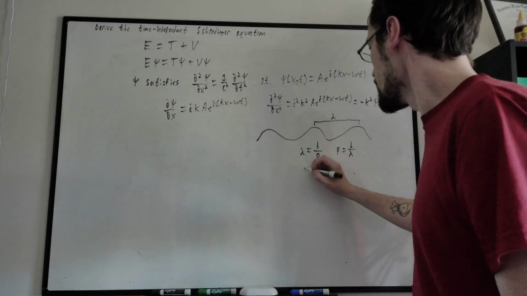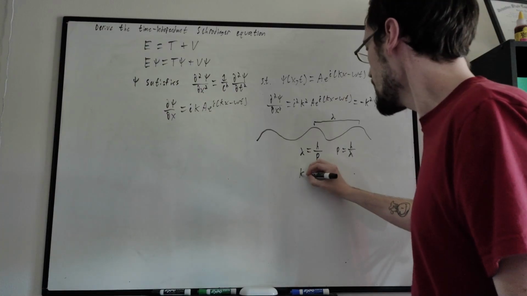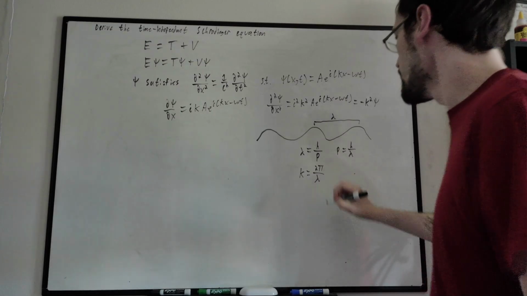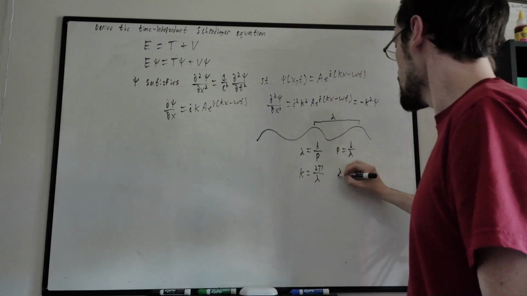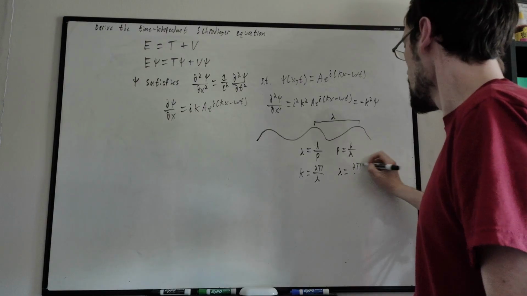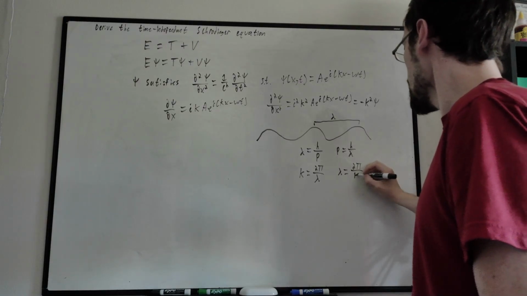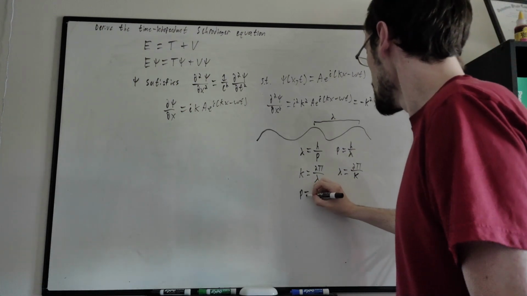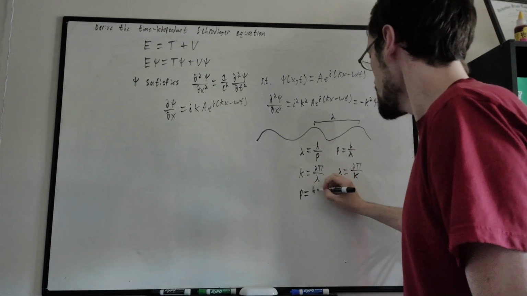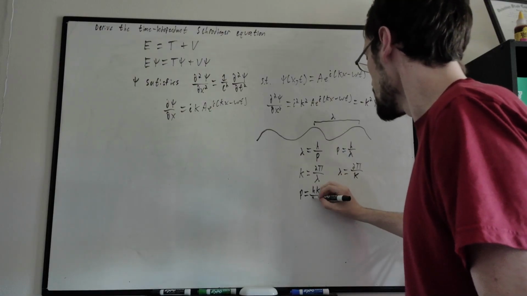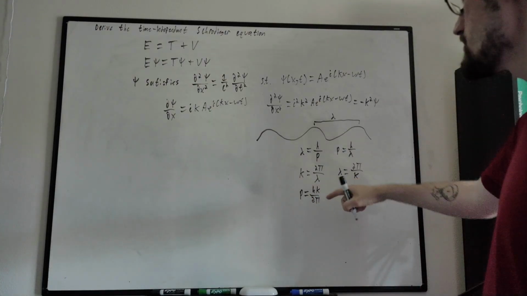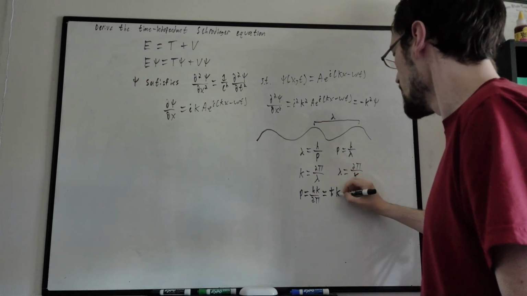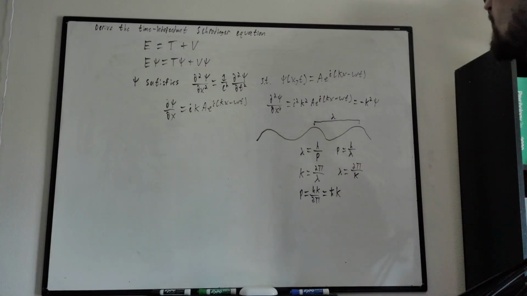Okay, so normally we define the wave number k as 2 pi divided by lambda. So in other words, lambda itself is equal to 2 pi divided by k, and we can plug this in for our momentum relation. So momentum is equal to h times k divided by 2 pi, where h over 2 pi is the reduced Planck constant, so this gives us h bar times k, and that's what momentum is equal to.